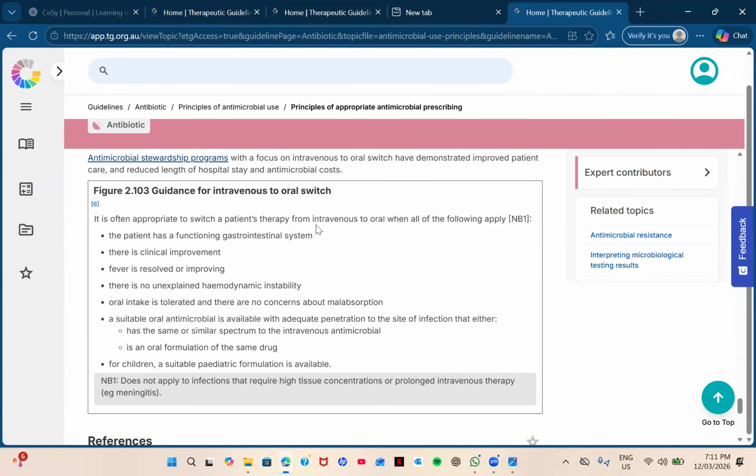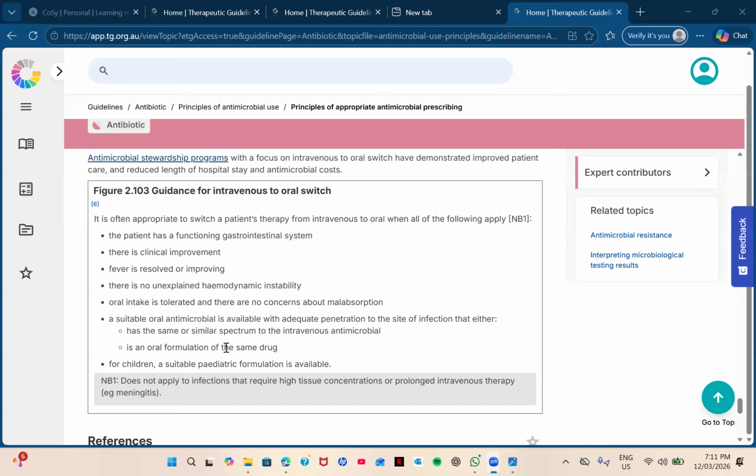Here, doctors, this is the guidance for switching from intravenous to oral. It is appropriate to switch the patient's therapy from intravenous to oral when the following apply: the patient has functional gastrointestinal symptoms, there is clinical improvement, fever is resolved or improving, there is no unexplained hemodynamic instability, oral intake is tolerated and there is no concern about malabsorption.